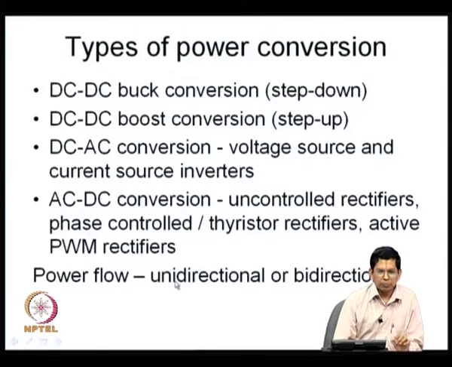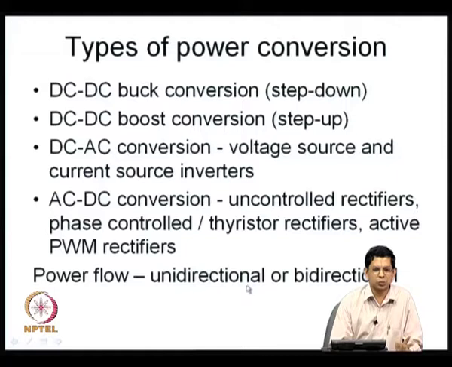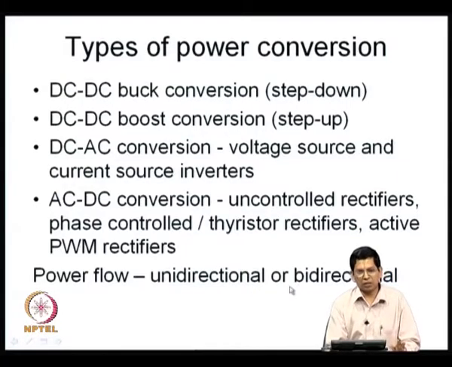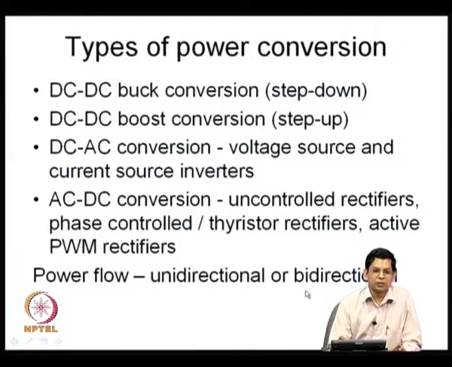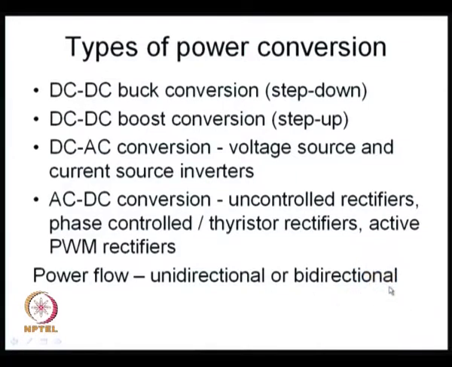Now, the point of caution that I would like to say is when you say DC to AC conversion or AC to DC conversion, it does not necessarily mean that power only flows from one direction to the other, say DC to AC. It does not mean that power only flows in one direction, because we have some converters which are unidirectional power flow converters or ones which are bidirectional power flow converters.